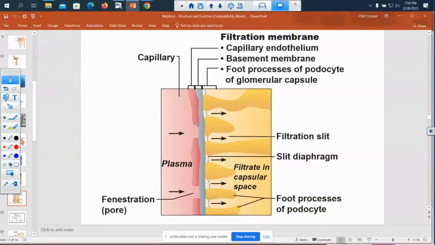Then they have a basement membrane, and then, oh yeah, there's the little feet, and there's the filtration slit, and it moves out, and now it's trapped by Bowman's capsule, and now it's glomerular filtrate, and that's 180 liters a day. Okay, so I think that's it. So that's your urinary system.